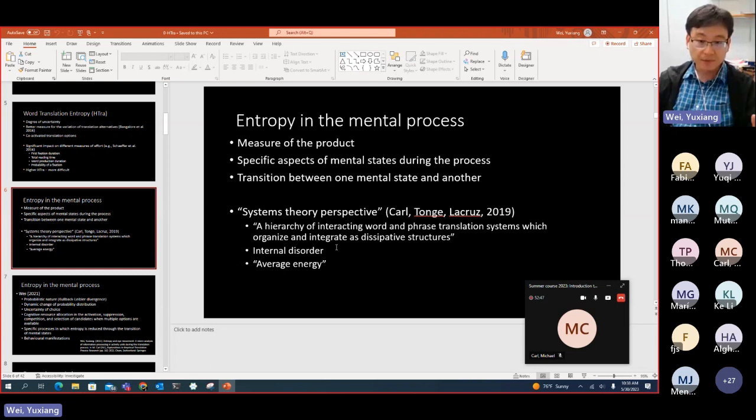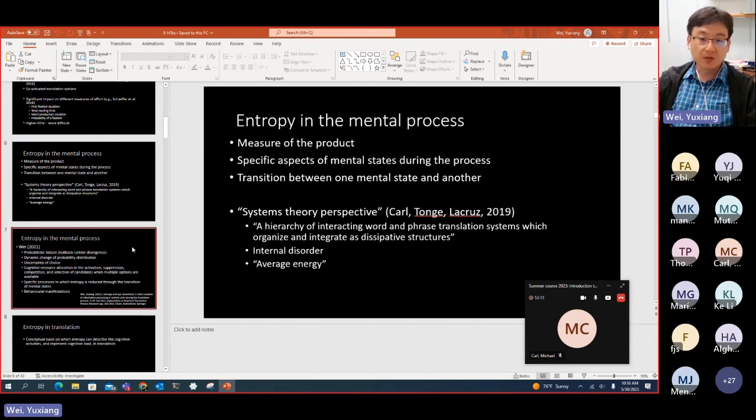You can see that entropy is defined in a different manner from the perspective of systems theory. This entropy would be gradually reduced, which means that the disorder is reduced and the systems become more orderly, and that incurs effort. That cognitive effort is simply the average energy of this system.